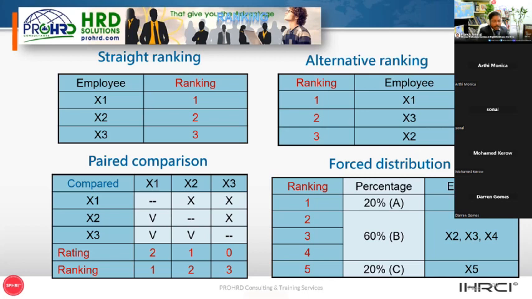So categories like below expectation, meet expectation, above expectation, outstanding. This means 4 in the below average category, 8 in the average, 4 above the average, and 2 would be placed in the highest category.